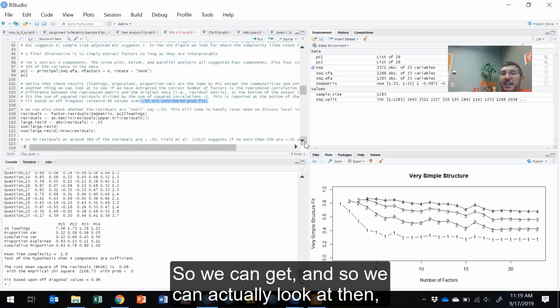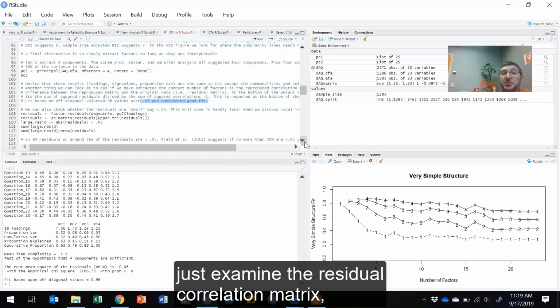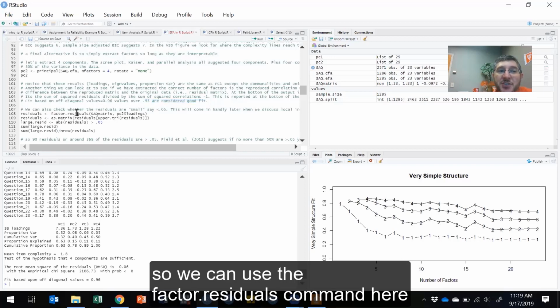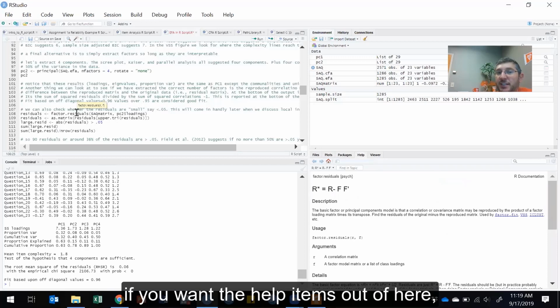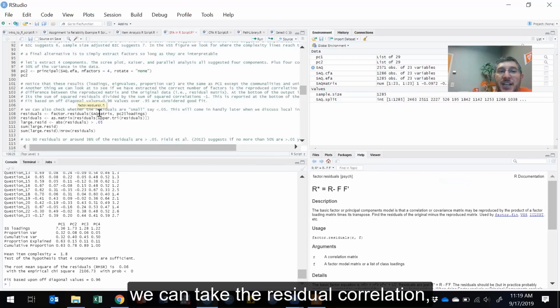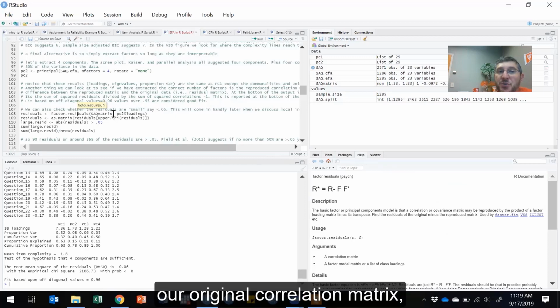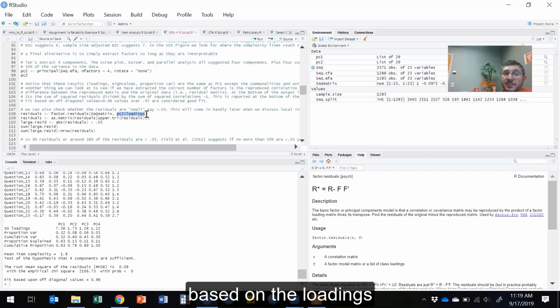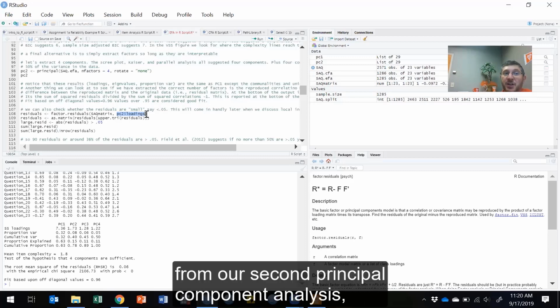So we can actually just examine the residual correlation matrix. We can use the factor residuals command here. We take the residual correlation, our original correlation matrix, and then the reproduced correlation matrix based on the loadings from our second principal component analysis.